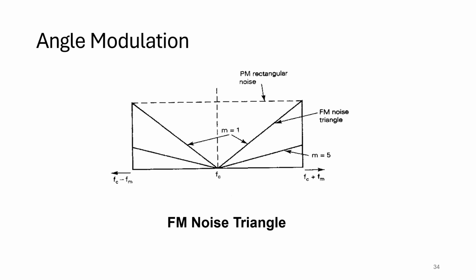So we have here the FM noise triangle. The demodulated noise voltage is inherently higher for the high modulating signal frequencies. Okay, so with FM, noise at higher modulating frequencies is inherently greater in amplitude than noise at the lower frequencies. So this includes both single frequency interference and random noises.